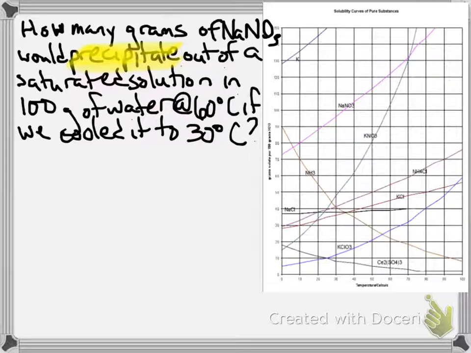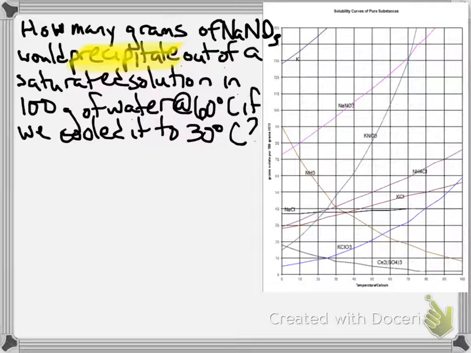The word precipitate refers to a solid in a chemical reaction. Sometimes you can produce a precipitate when you combine two chemicals, but when a solid precipitates out of a saturated solution, that means it's no longer dissolved.